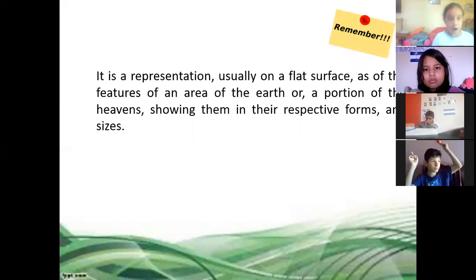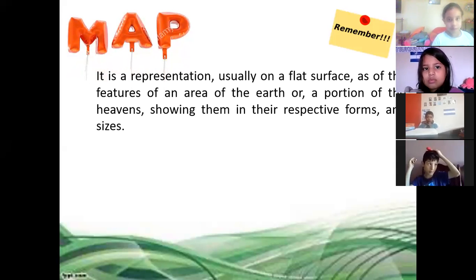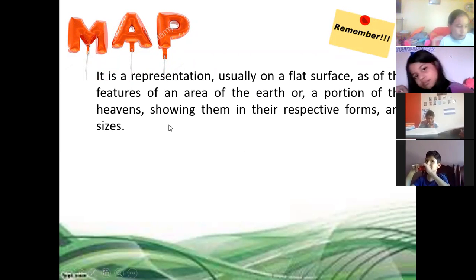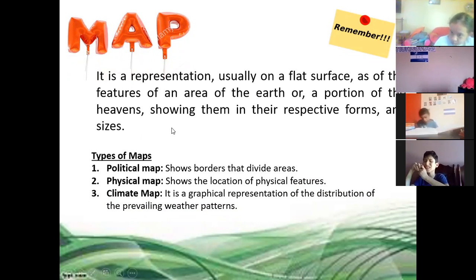Last class, we saw that a map is a representation, usually on a flat surface, of the features of an area of the earth or a portion of the heavens, showing them in their respective forms and sizes. We saw different kinds of maps. Here we have them. Political map, which shows borders that divide areas.